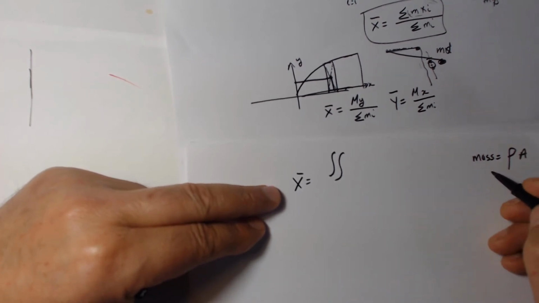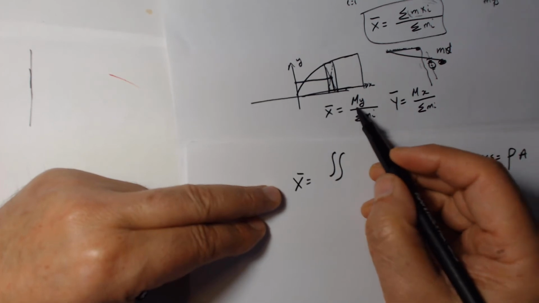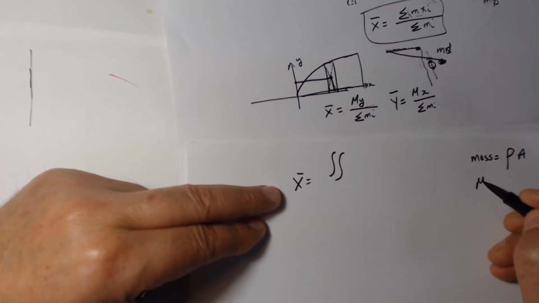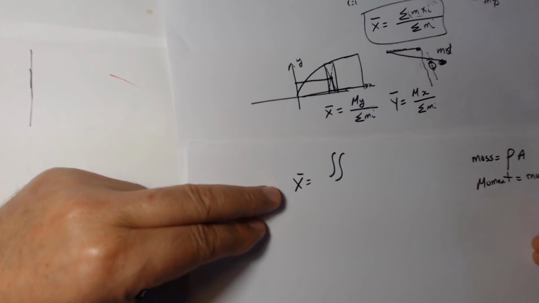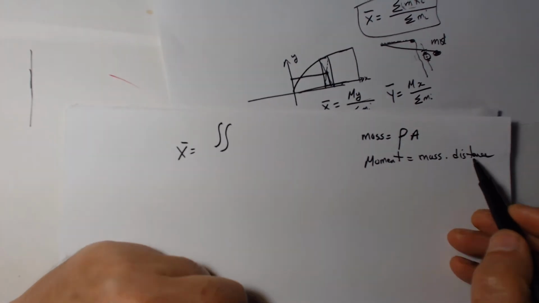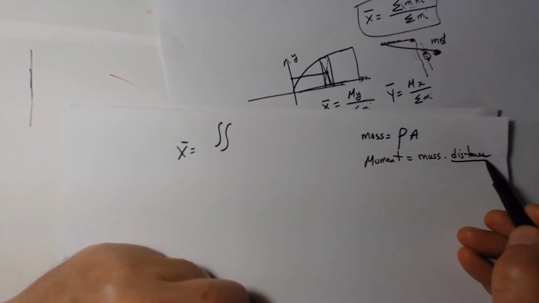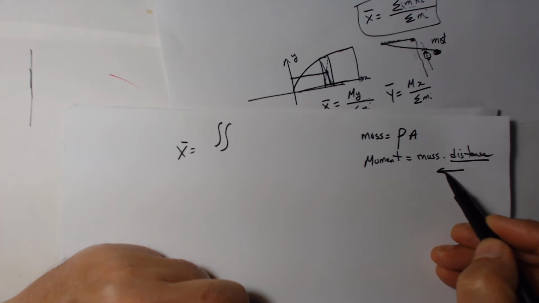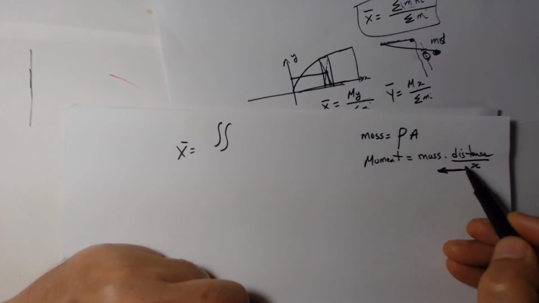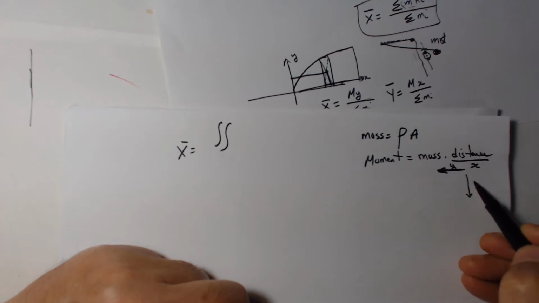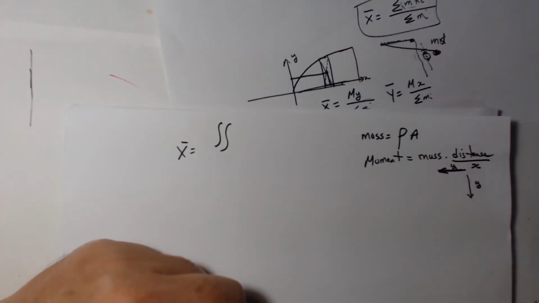And if you want to be able to do the moment, it is mass times distance. Then it depends on whether this moment is about the y-axis, where the distance from the y-axis is x. If it's from the x-axis, the distance is y.